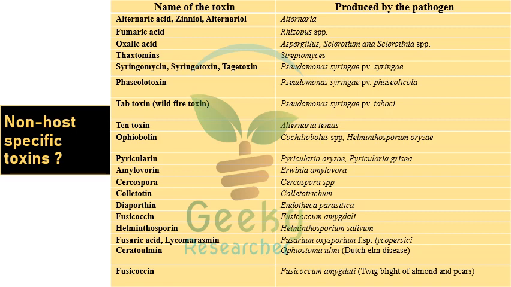Fusaric acid and lycomarasmin are produced by Fusarium oxysporum f. sp. lycopersici, and ceratoulmin by Ophiostoma ulmi, which causes Dutch elm disease. Dutch elm disease is caused by Ophiostoma ulmi or Ophiostoma novo-ulmi. These are the various kinds of non-host specific toxins and the pathogens that produce them.